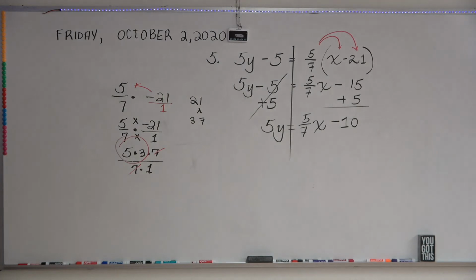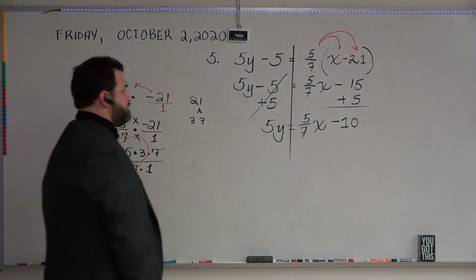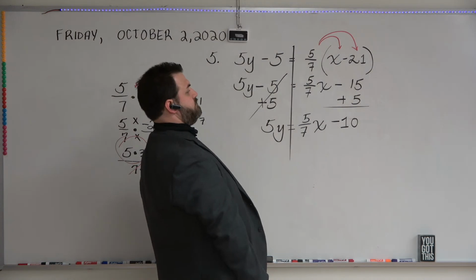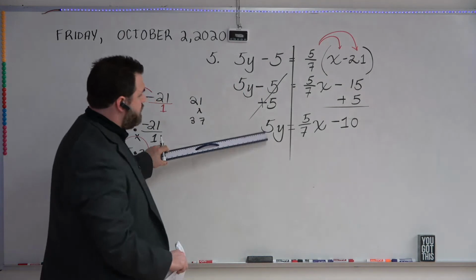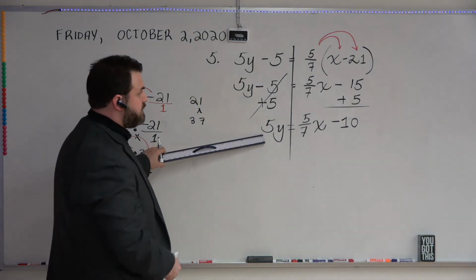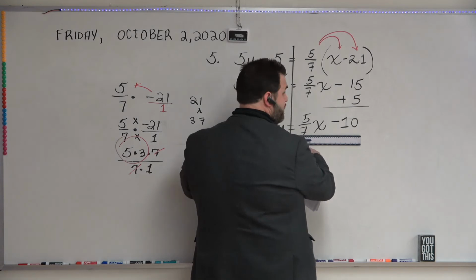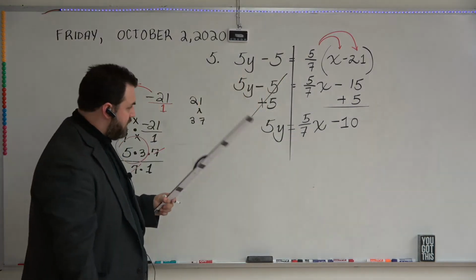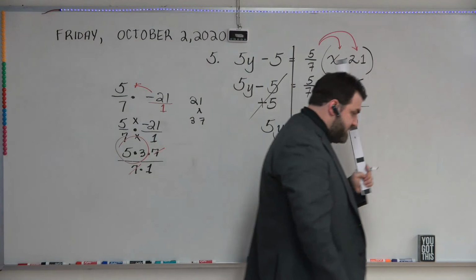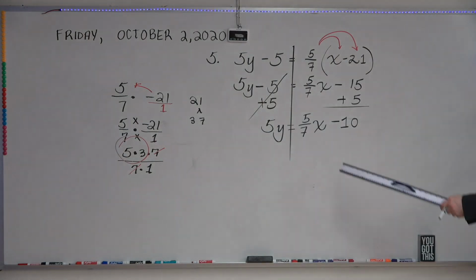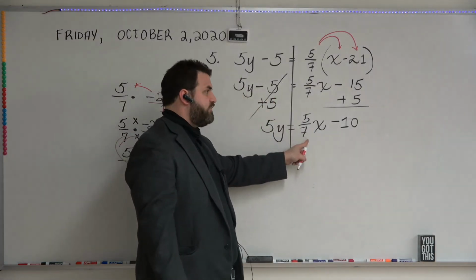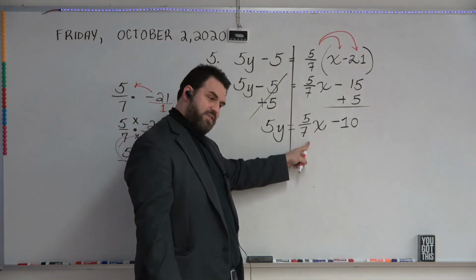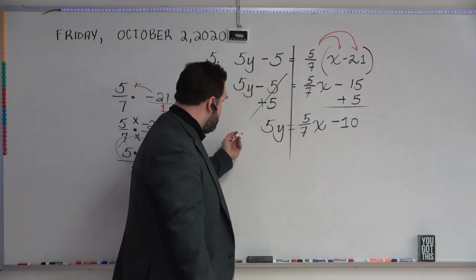Oh boy. Last step. Want to get the y by itself. 5 divided by 5/7? Oh, hold up. So we're just going to divide out the 5 here. Okay, so I want to show you something. And to know when to do this versus to draw the fraction bar, this just takes time. I could draw the fraction bar, but then I'd be drawing a fraction bar under a fraction, which is just very complicated.